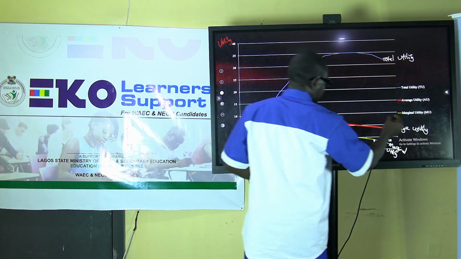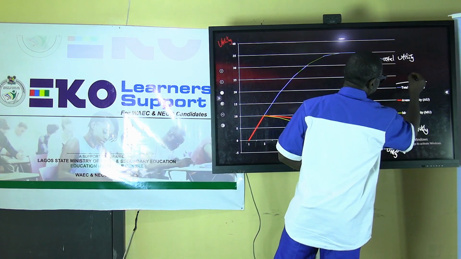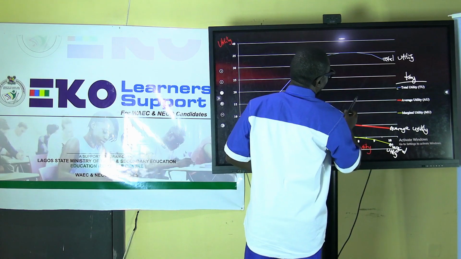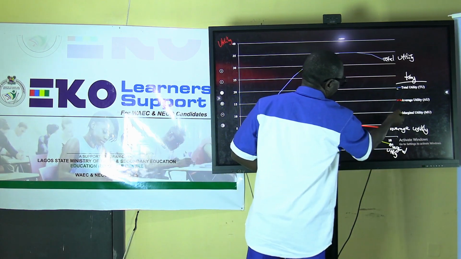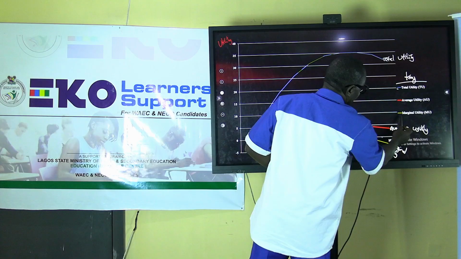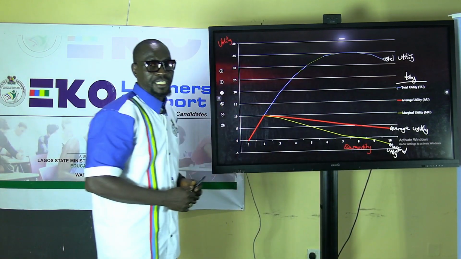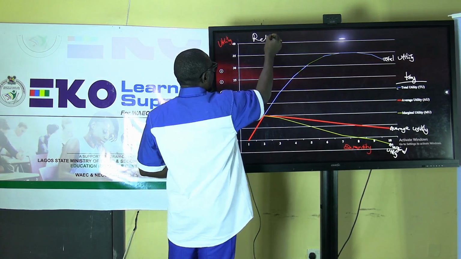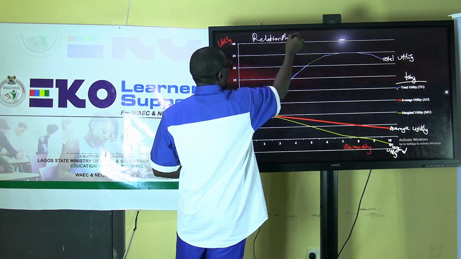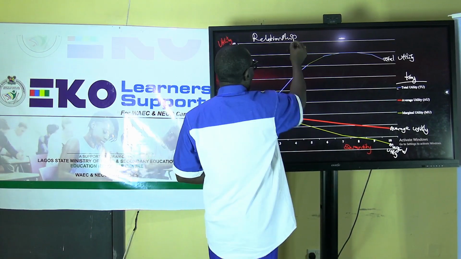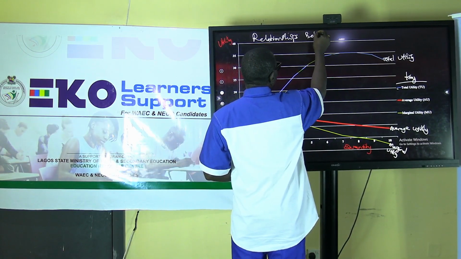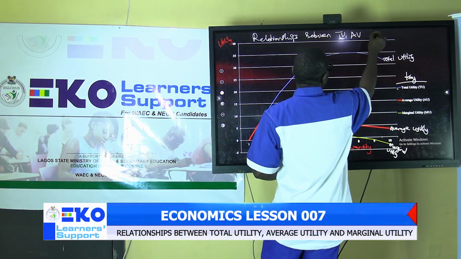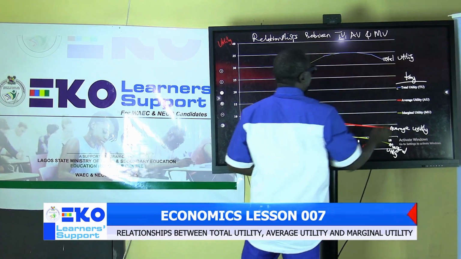And this is further made easy by this key here, which shows that the blue is total utility, the red average utility, and the yellow marginal utility. And here we are trying to explore the relationships between total utility, average utility, and marginal utility.